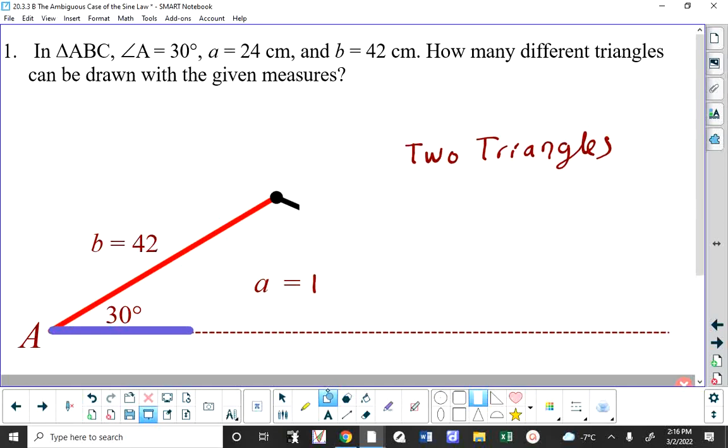Is it possible that you could come up with a length of side A that would give only 1 triangle? And if you think it's possible, can you give me the number?